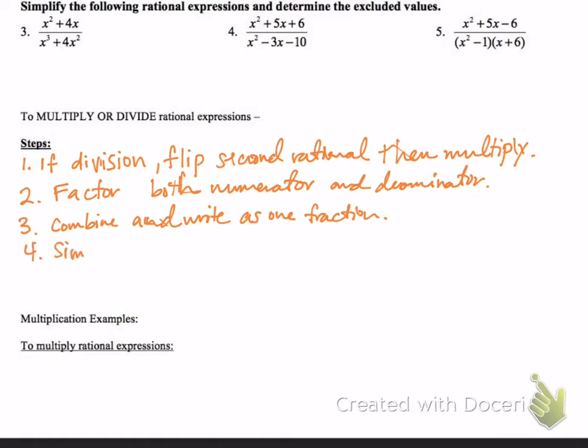Then you simplify, so the steps that we just did. And I'm going to say leave in factored form, so I don't need to multiply them back out.